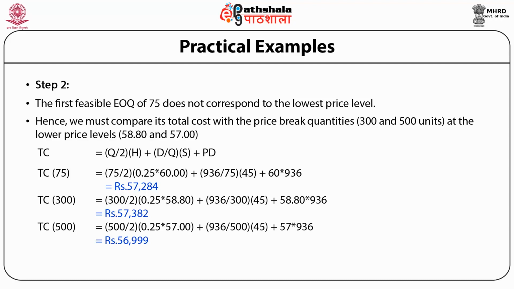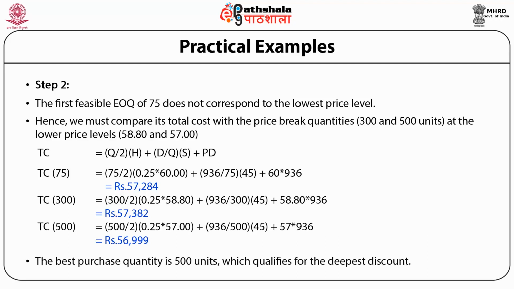Total cost at 500 equals 500 upon 2 into 0.25 into 57 plus 936 upon 500 into 45 plus 57 into 936 equals 56,999. The best purchase quantity is 500 units, which qualifies for the deepest discount.